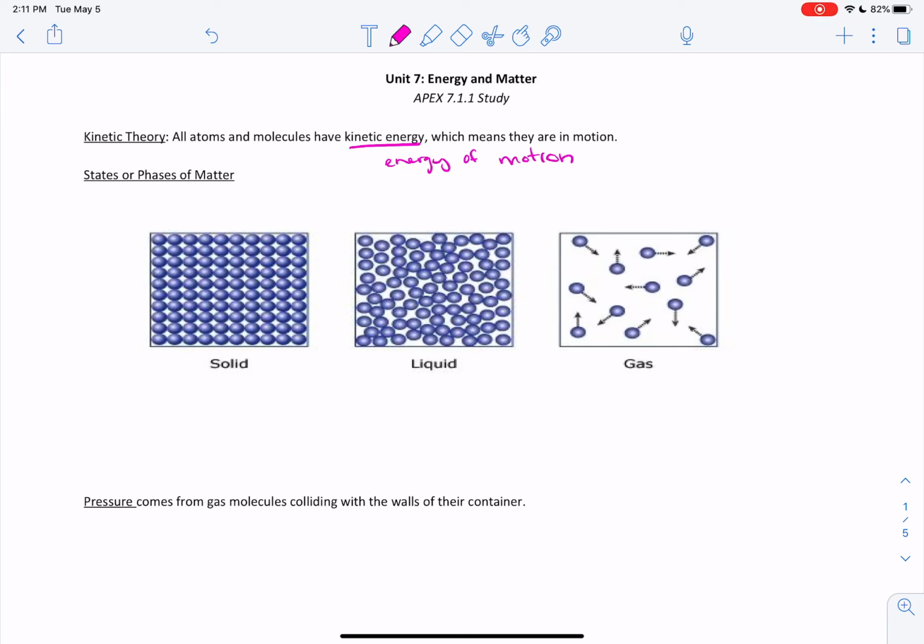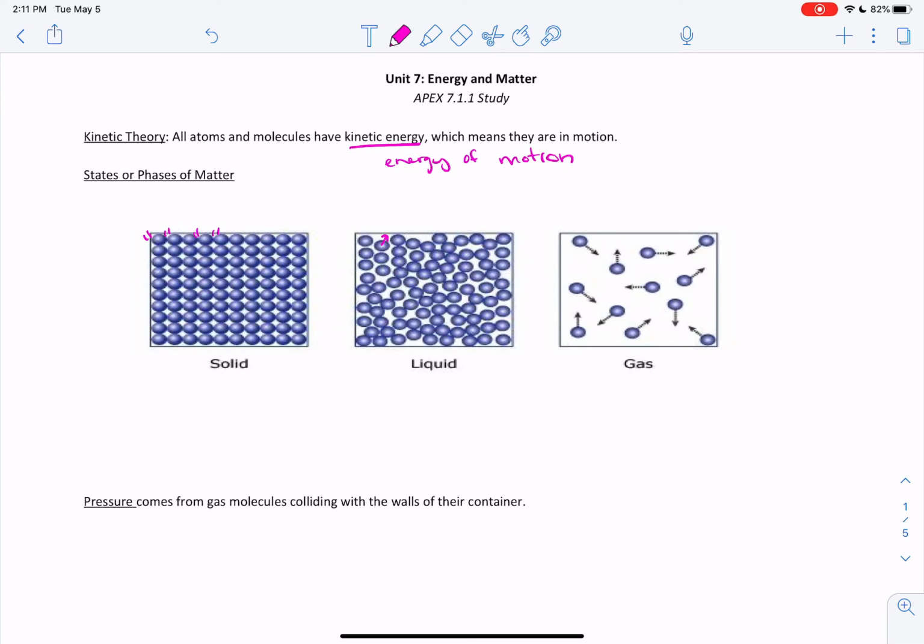And we know from the beginning of the year that the phases or states of matter are solid, liquid, and gas. And each phase or state of matter has a different energy of motion, right? So solid, we said they are still moving. Remember we said these little wiggle marks or vibration marks. They're vibrating in place.